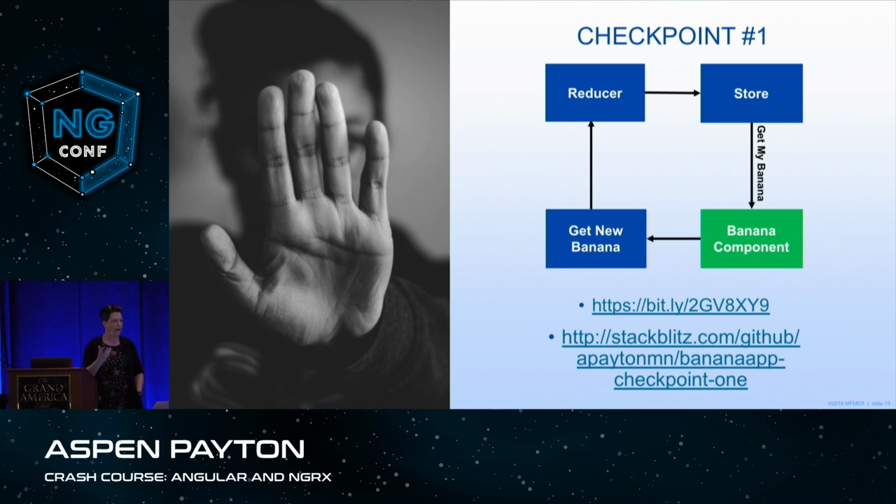We did the wiring at the app level, and created a selector called get my banana so that our component could access it. Finally we dispatched that action within our component to get our initial state updated. And because we had that banana observable connected with the async pipe to our HTML, it immediately had the knowledge that we had gotten a new banana.